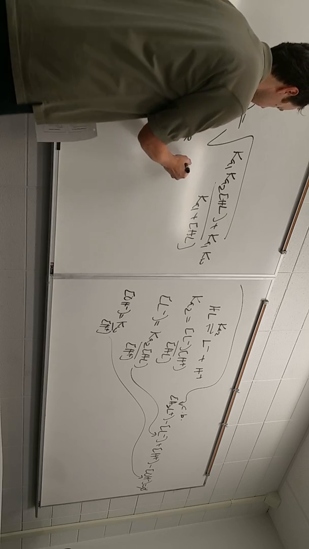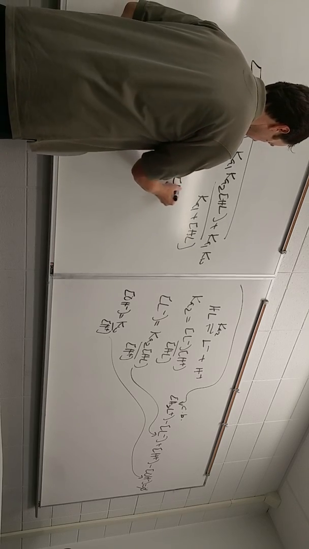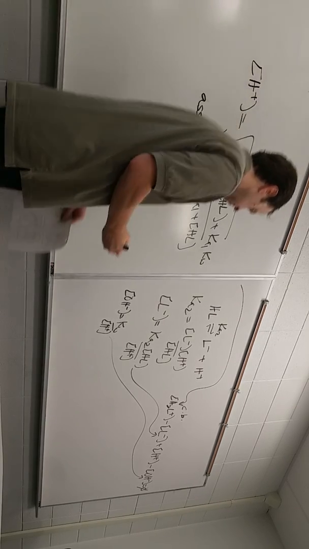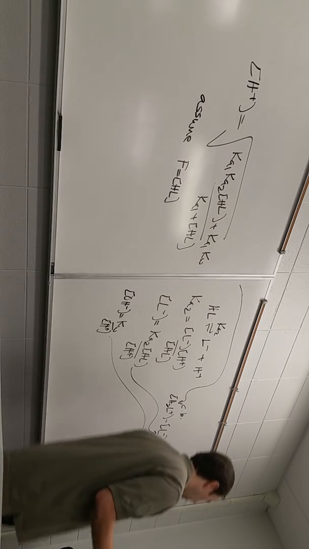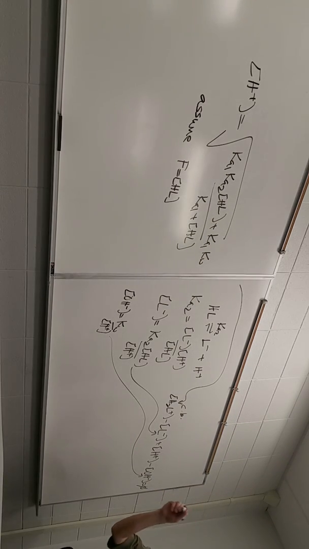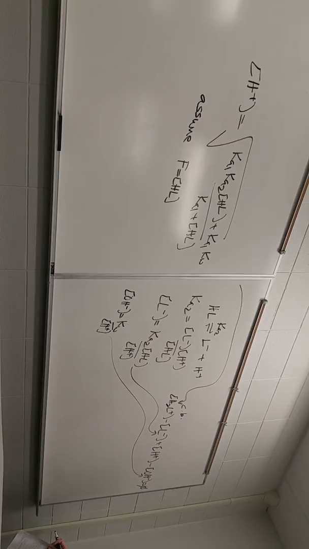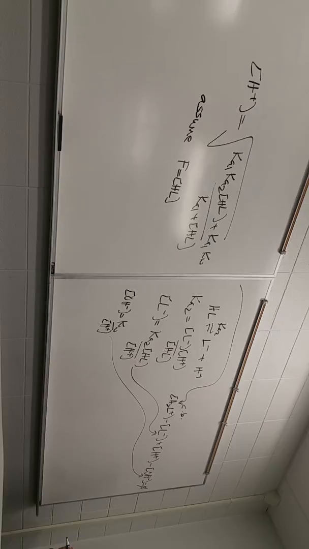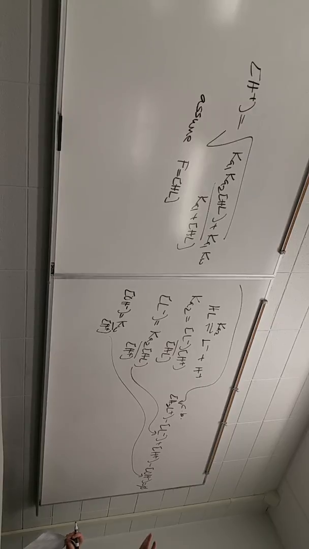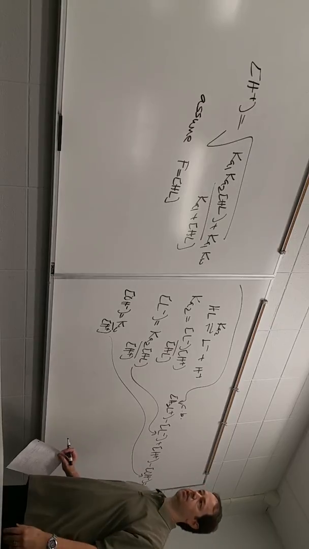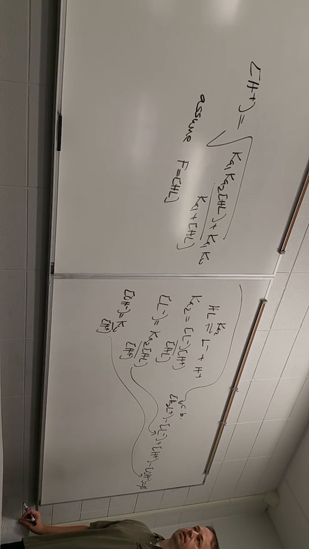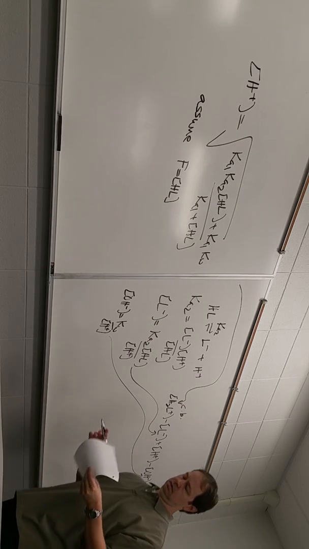Well, the first thing we can assume is that the amount of acid we started with is really equal to the HL, because neither of those equilibria is going to turn over that much. What we put into the solution as HL is going to remain HL, because one of them was 10 to the minus 10th and the other was 10 to the minus 12th, so both of those are not going that far.